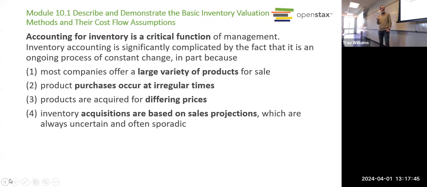Suppliers have the right to change their prices. The products you sell are also at different prices, and oftentimes those prices are based on the cost of the inventory because companies want to sell their products for more than what it costs them, because that's how you make a profit, right?